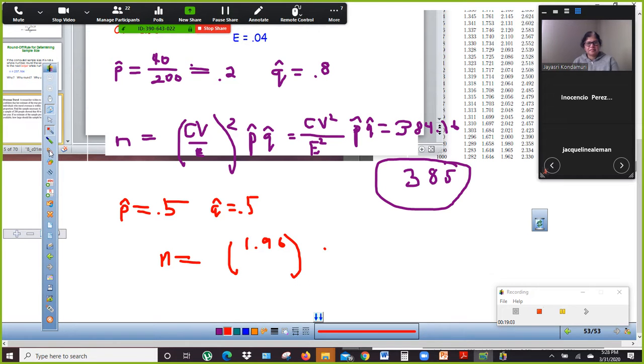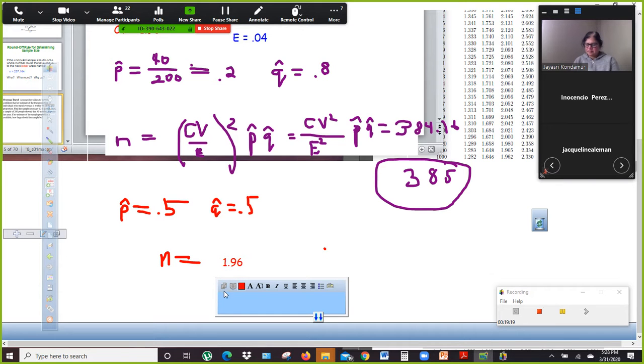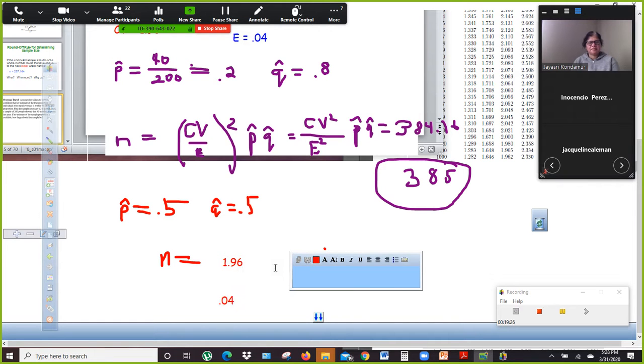Let's try this. 1.96, and then this one's going to be my error, 0.04, and then I have 0.5 times 0.5.